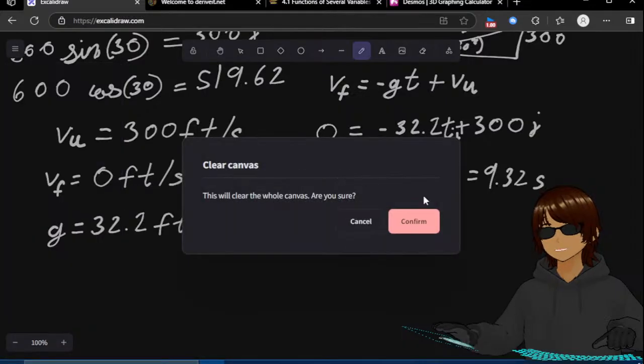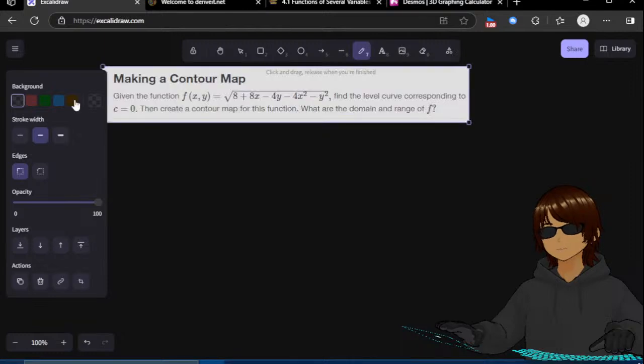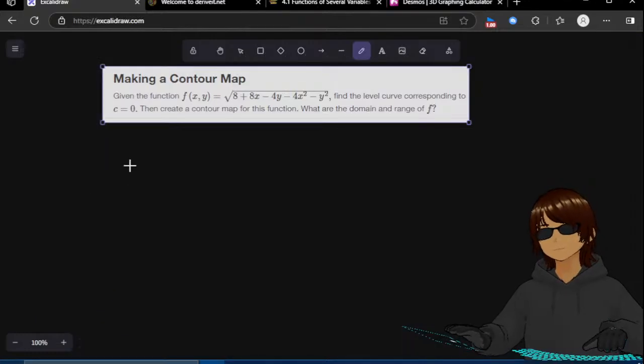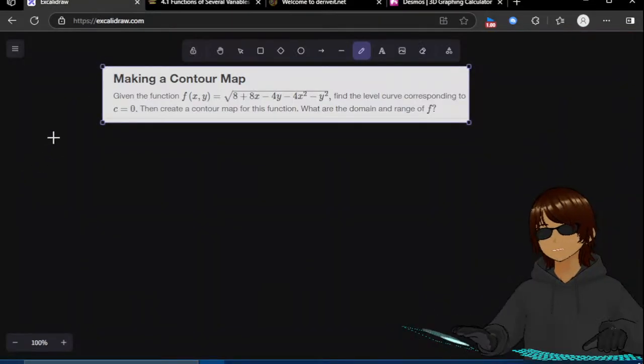I will just reset the canvas. Paste. What exercise is this? Example 4.4.